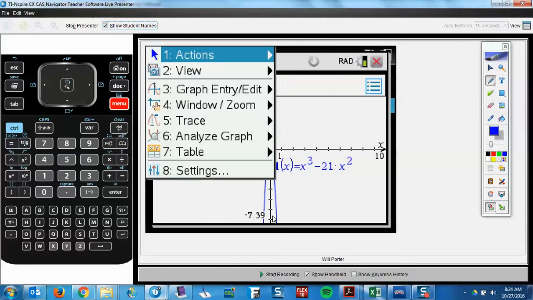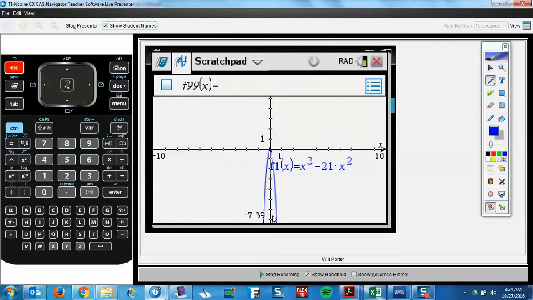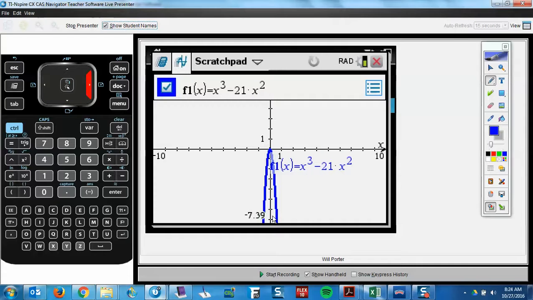So what do we need to see the graph? We need the same window that they have, right? We have a nice window already set for us. It looks like if you did your X's from 0 to 10 and your Y's from 0 to maybe 300, so go into the window. Will will show us as soon as he gets it typed in.